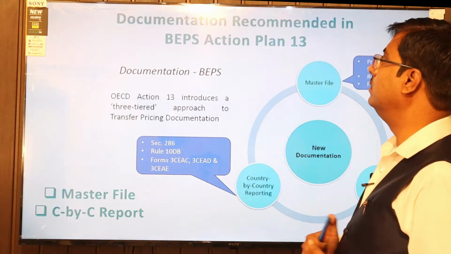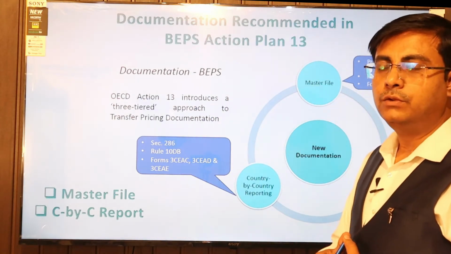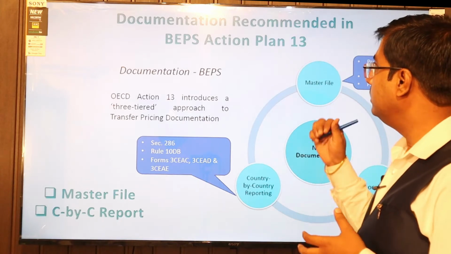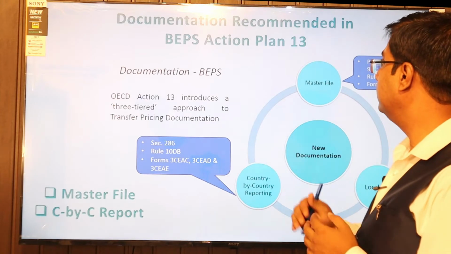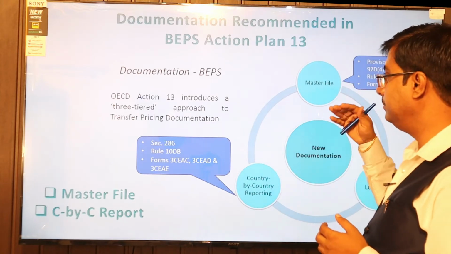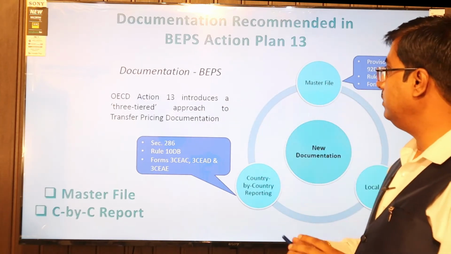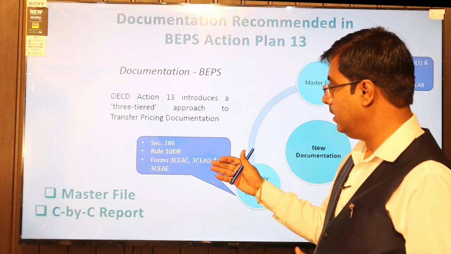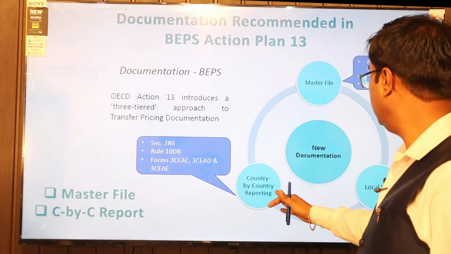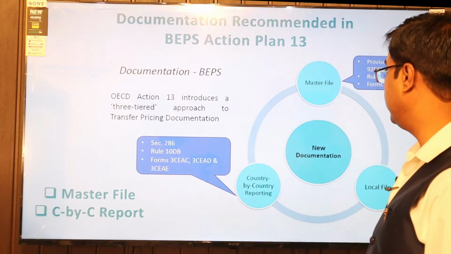So BEPS, base erosion and profit shifting, is OECD Action Plan 13. OECD introduced a 3-tier approach: country by country reporting, local file, and master file.